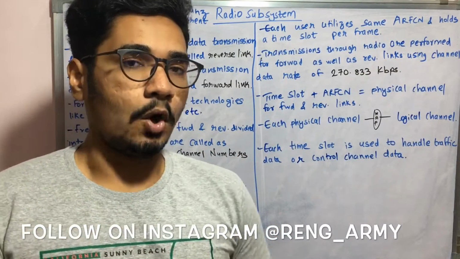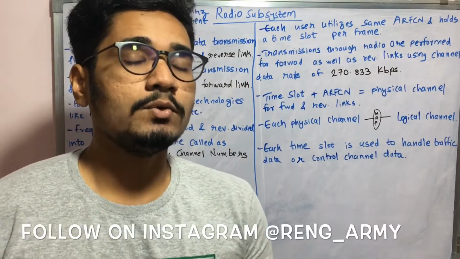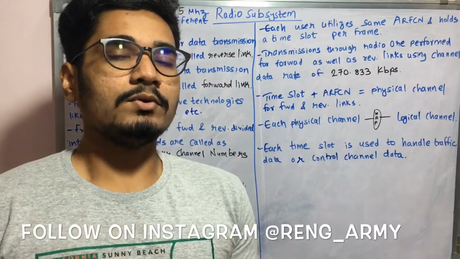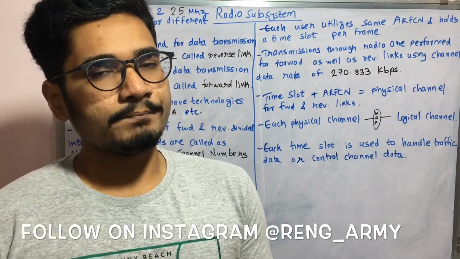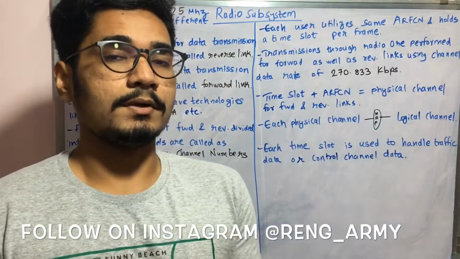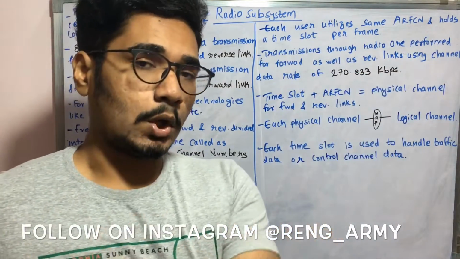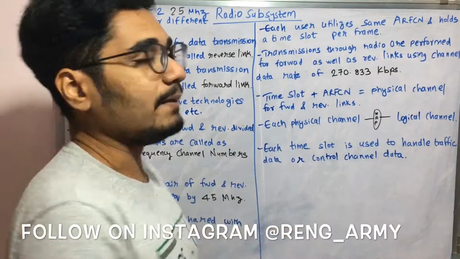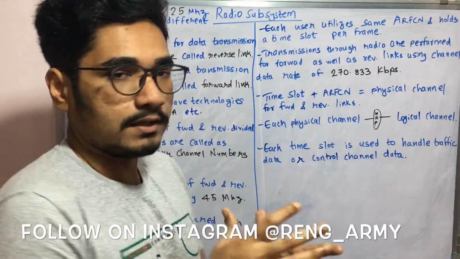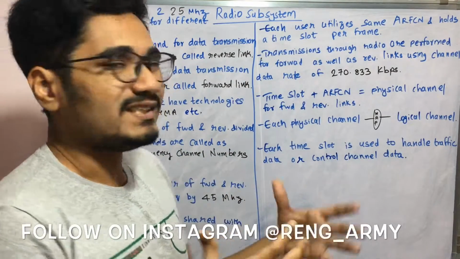We saw many components in the GSM architecture, so it becomes very tedious to manage all the channels, and you have to mount it in a way that is virtual. So it is mapped using some encoding techniques and converted into a logical channel, and each time slot is used to handle the traffic data, or it can control the channel data.